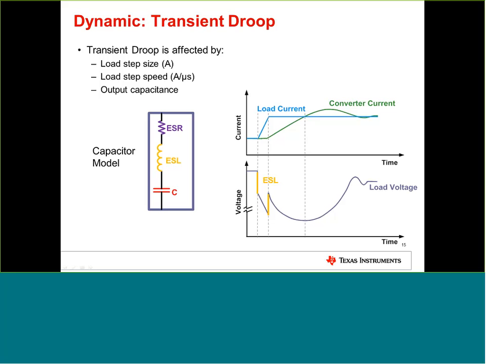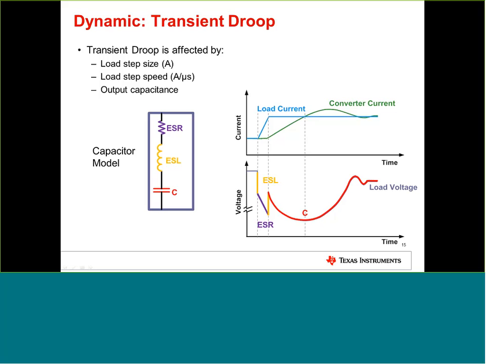Between these ESL steps, you will see a drop from the ESR, and after this you can see mostly the behavior of the real capacitance. And this is always the time when the device or the rail is back in regulation after this transient.